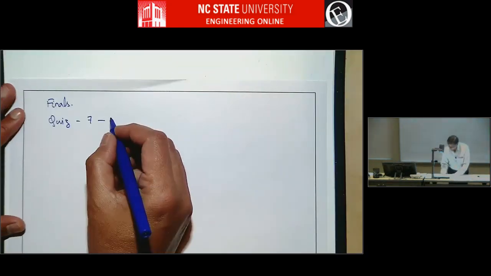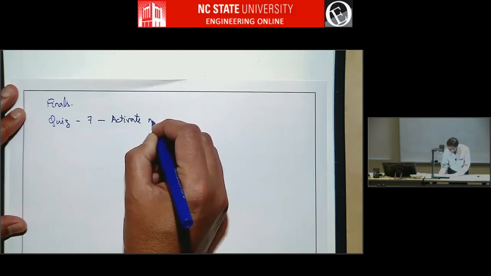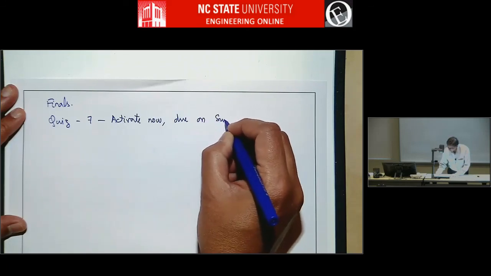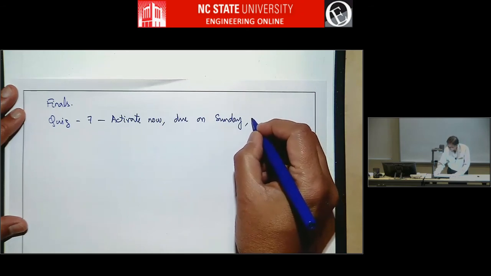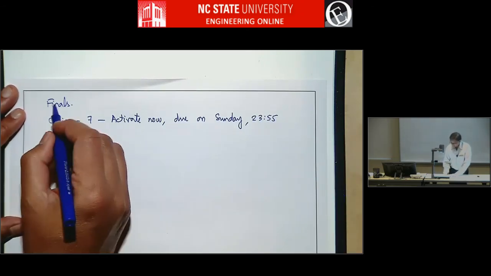So quiz 7, I will activate it now. Is it okay if it's due on Sunday? I mean, it's end of the semester, you got to finish things anyway. Right? So that's quiz 7.